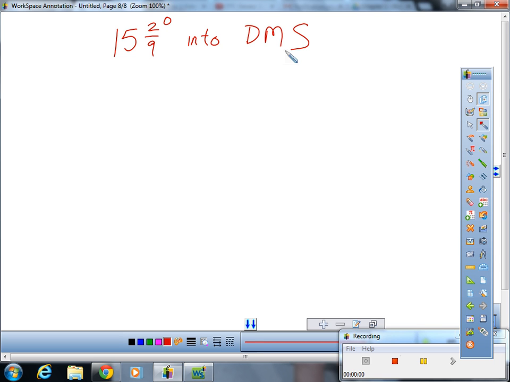It's the best way to do it, so you should practice doing this right now. You would enter 15 and 2/9, which turns into 15.22222222. Then you hit your angle function, scroll to DMS, hit equals, equals, and it'll change it for you. But by hand, that would be 15 degrees plus 2/9 of 60 minutes.